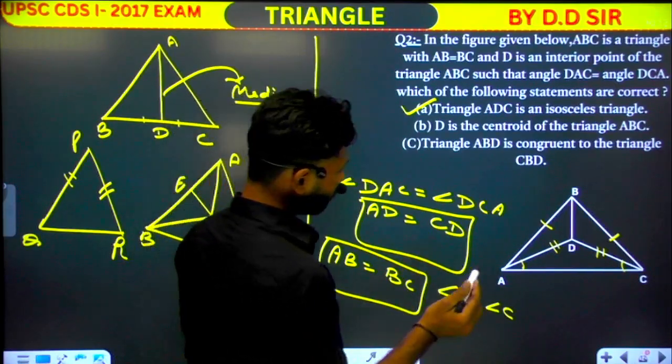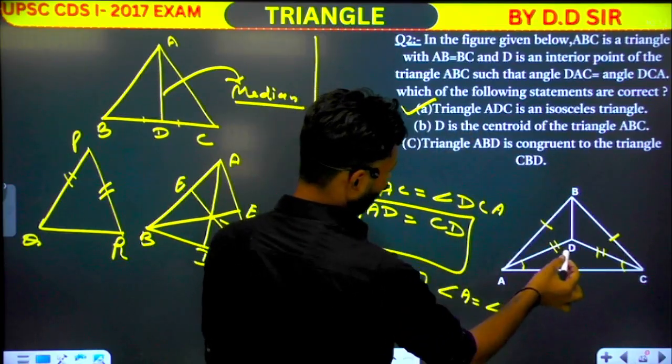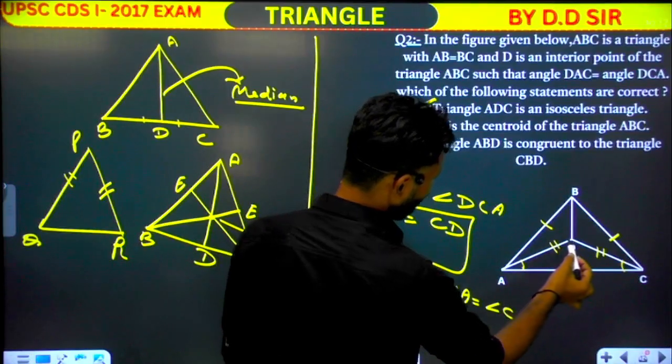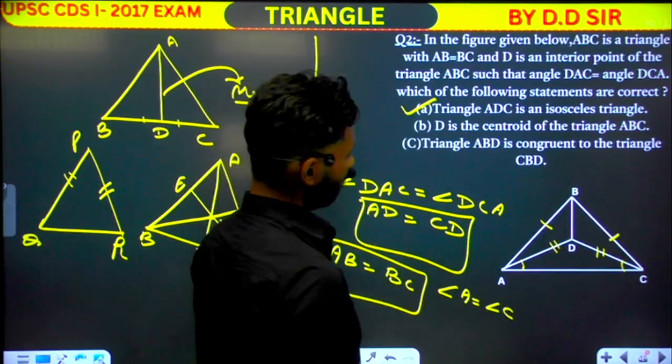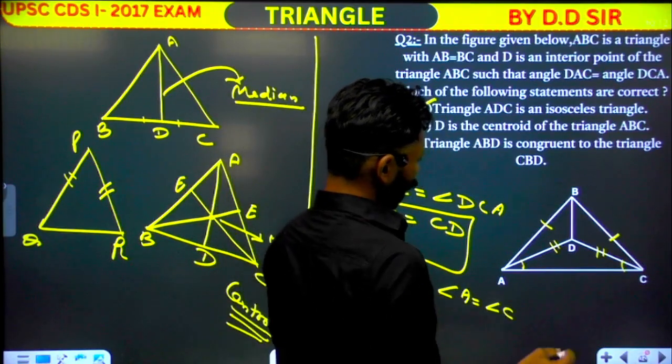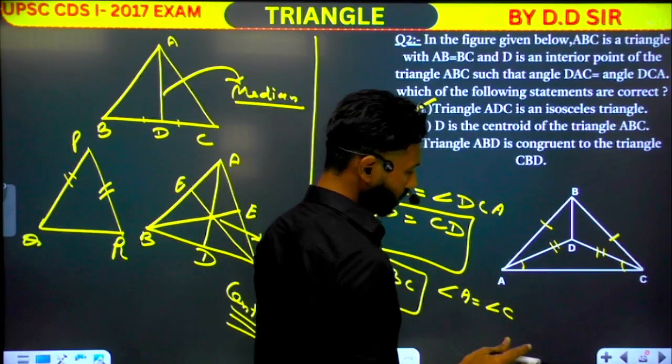Now in the question it is mentioned that DA and DC are both equal, and we have proved that.